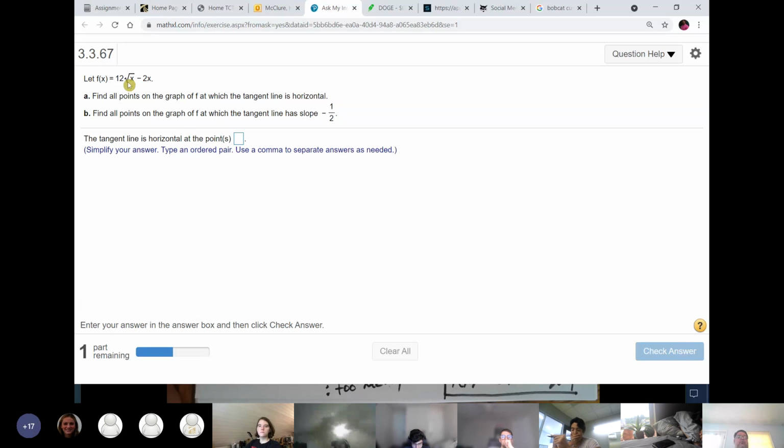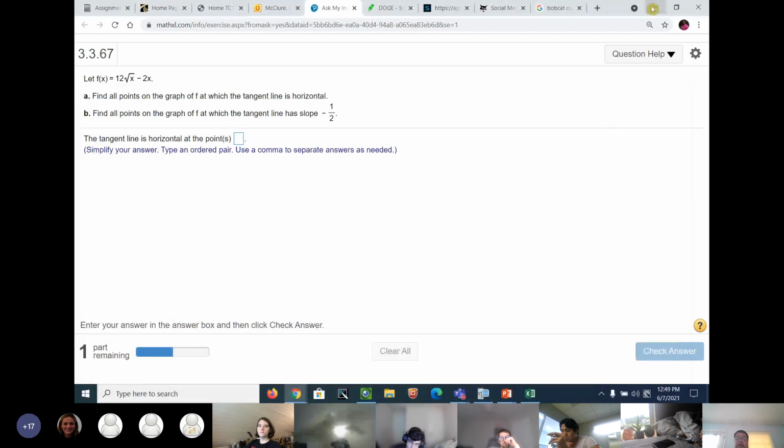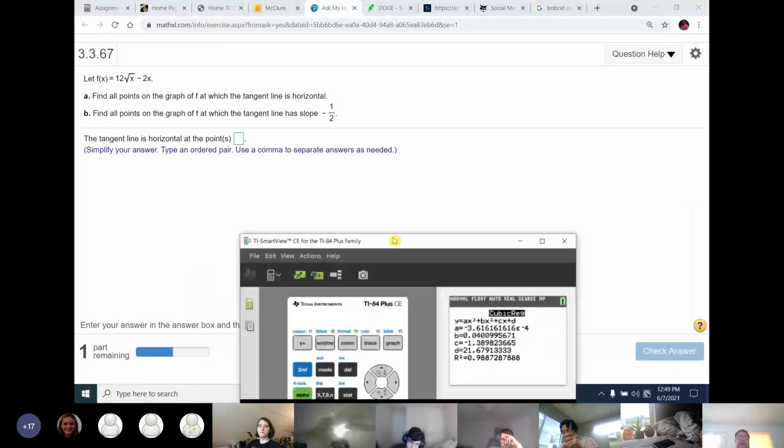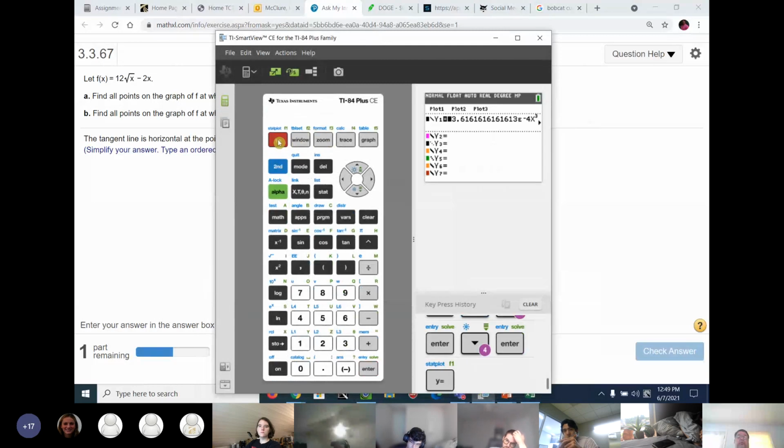Well, this is a square root, so it's going to be find all the points. Let me show you something right quick. A square root, f of x, it's going to be hard to find that. Y is equal to 12 times the square root of x minus 2x.